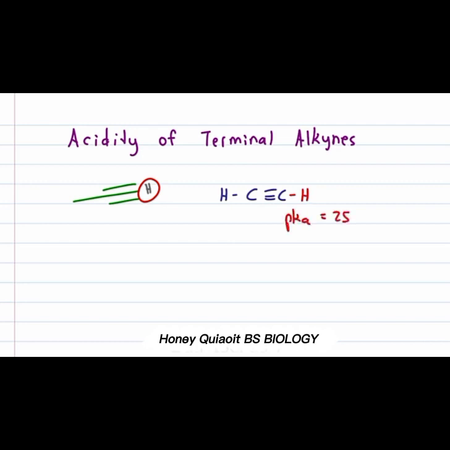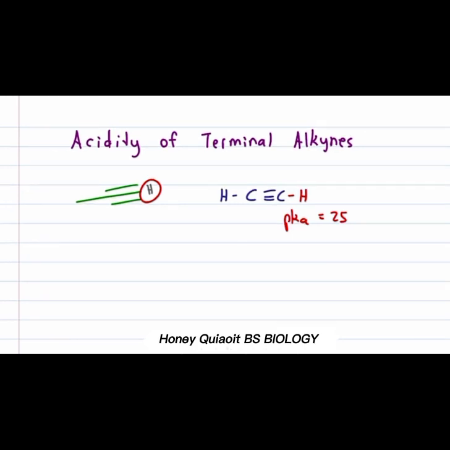The pKa changes slightly depending on what else is on the molecule, but 25 is the general range. It's not too acidic, but it's definitely acidic enough to participate in reactions.